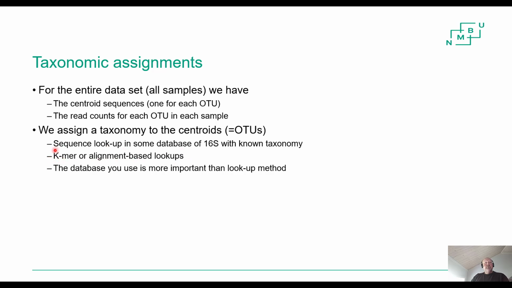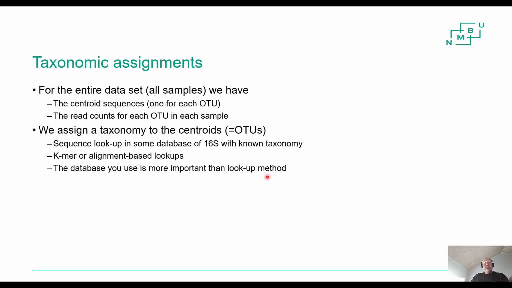And how do we do the lookup? This is based on various approaches that we can come back to later, or in other modules of BIN 310, k-mer or alignment based. The database you use is actually more important than how you do the lookup.